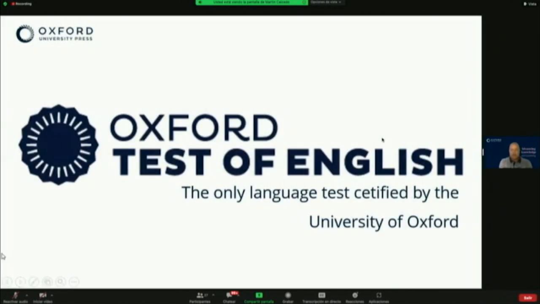The Oxford Test of English has been built as the first and only certification, proficiency English test that is endorsed and certified by the University of Oxford.